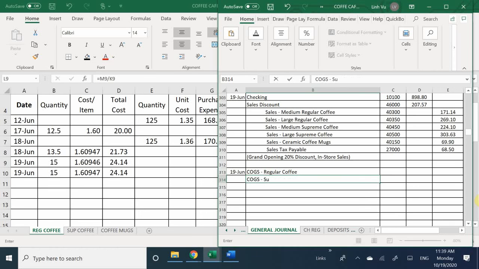Supreme coffee. Okay, and what accounts am I taking them out of? Where am I taking these amounts out of? Regular coffee and Supreme coffee. Good. Regular coffee and Supreme Coffee.